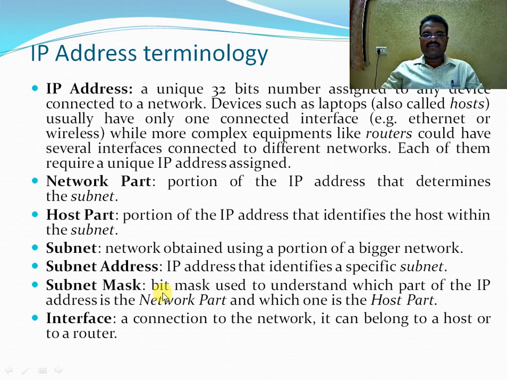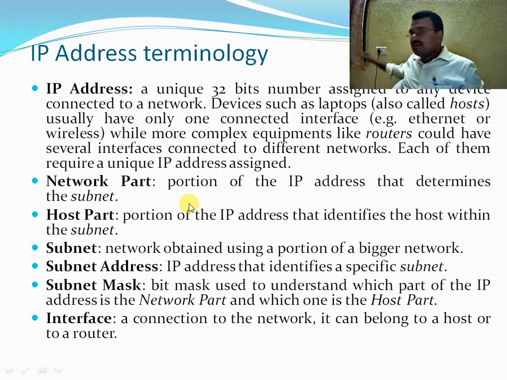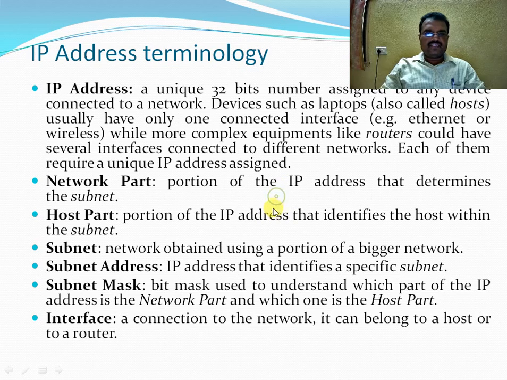Subnet mask: a bit mask used to understand which part of the IP address is the network part and which one is the host part. Interface: a connection to the network. It can belong to a host or to a router. So these are the terms generally used in the IP address terminology.